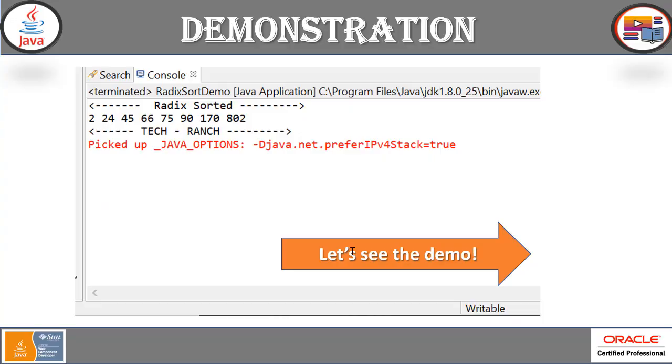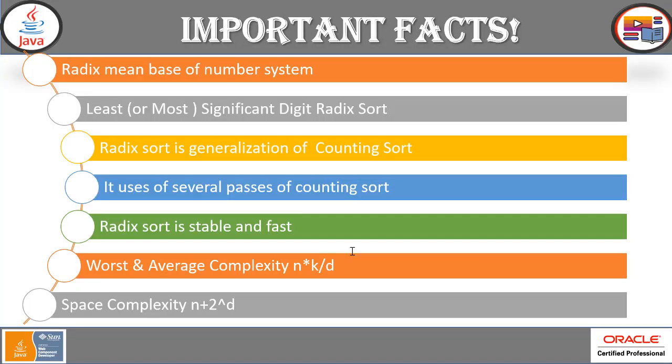Important facts. Radix means base of number system. So it can be 10, 100, 1000, 10,000 and so on. Least or most significant digit Radix sorting. Radix sorting is basically based on the Radix of numbers on a list, and since we are doing it in ascending order, it will be from least to most significant digit.